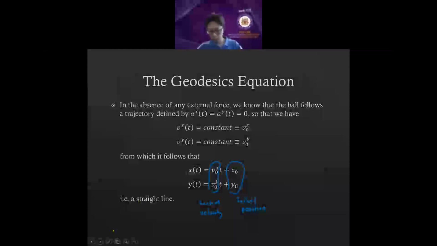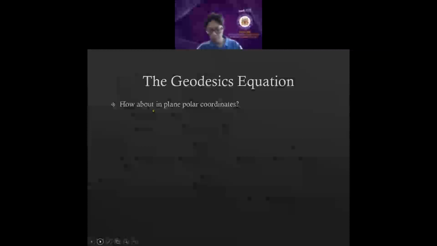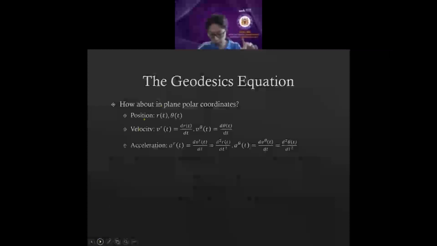Now a question: how about if we use the polar coordinates instead of the Cartesian coordinates? What if we use the plane polar coordinates? If we follow what we did in the Cartesian coordinates naively, then we would say that the position is given by these coordinates, the velocity is given by the first derivative, and the acceleration by the second derivative.